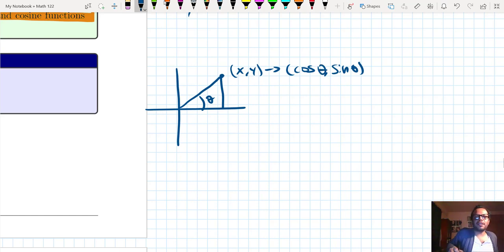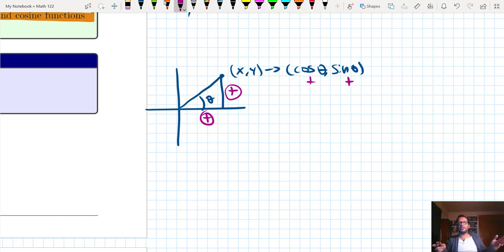Do you see the sign of the x value? The x value is positive, and the y value is positive.